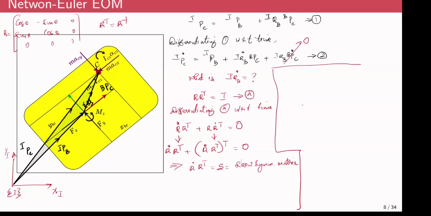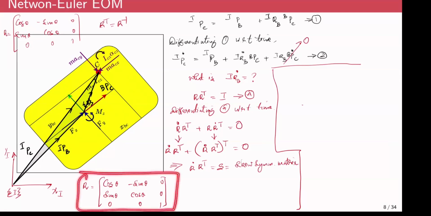So then what exactly is this R dot R transpose? A typical R matrix for a mobile robot would look something like this, right? R would look like cos theta, minus sine theta, 0, then sine theta, cos theta, 0, then 0, 0, 1. So this is how a typical rotation matrix for a mobile robot would look.